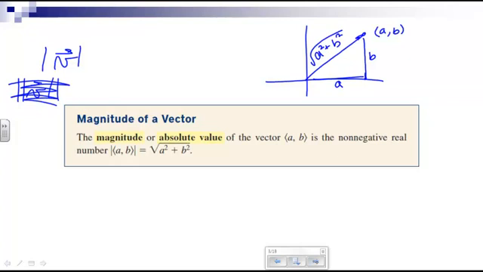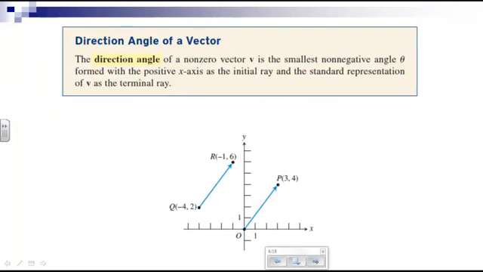Good? Going on then. Okay, let's talk about the direction angle of a vector. First of all, I want to reiterate the fact that since vectors are only these two components, direction and magnitude, these two vectors, who have the same magnitude and point in the same direction, we consider them the same vector. Sort of like a congruence thing in geometry.